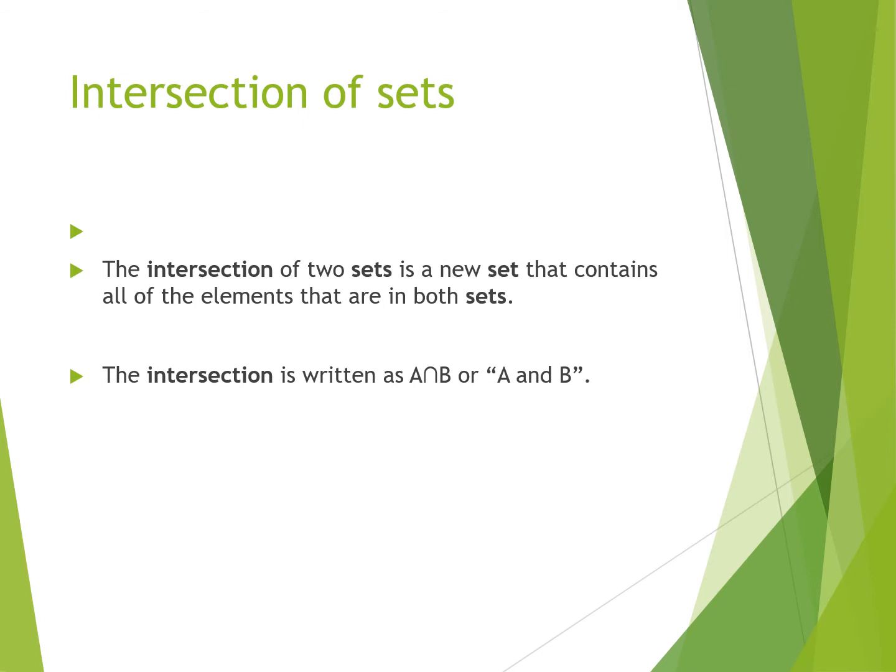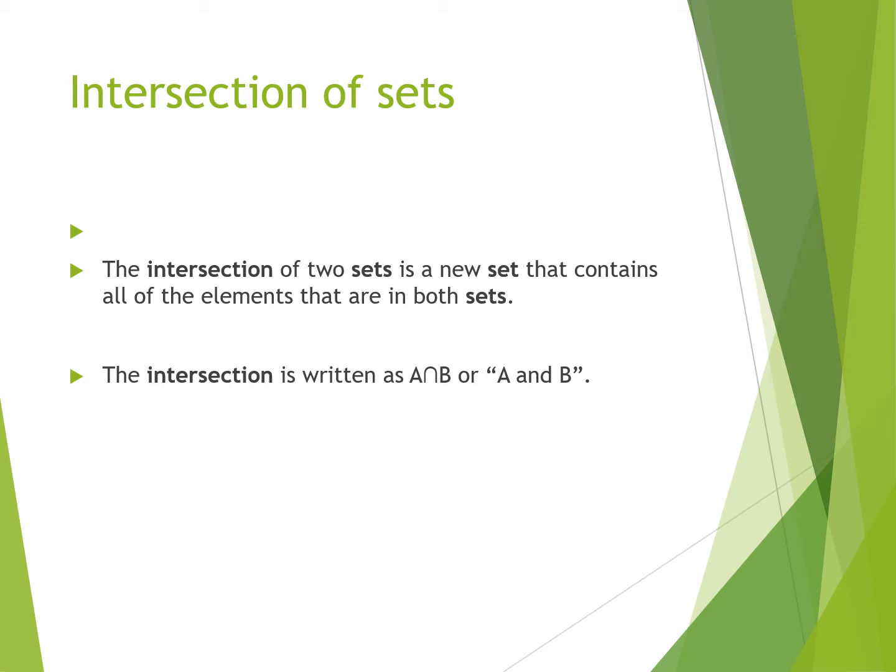Let's go to the intersection of sets. What is the intersection of sets? In this case, for this example, we will use two sets. The intersection of two sets is a new set that contains all the elements that are in both sets, right?